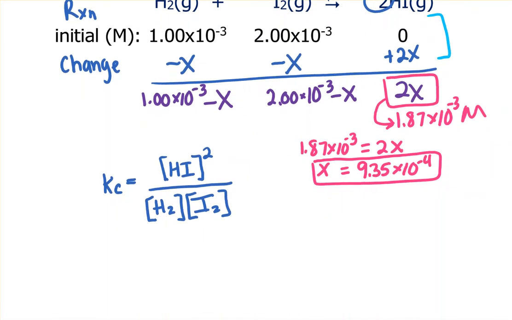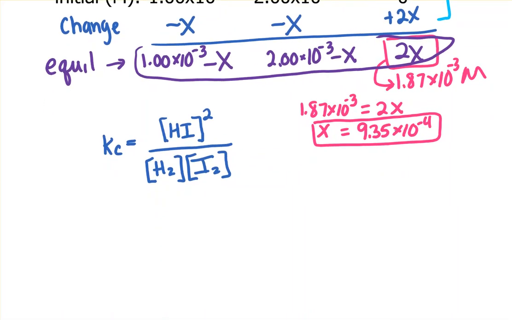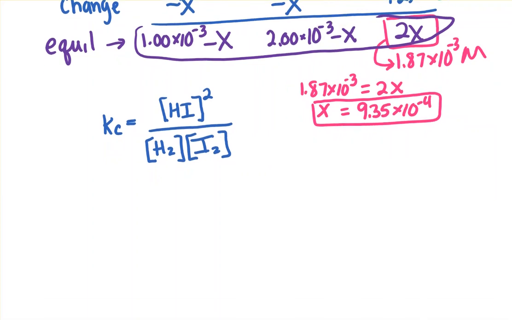But we said that because we know x, we can find all of these concentrations. And I didn't write it here, but these are the equilibrium concentrations that I need right here. So I'm going to plug those in to Kc, and I have x, so I can plug x in as well. So let me do that, and then I'll point out what I did.